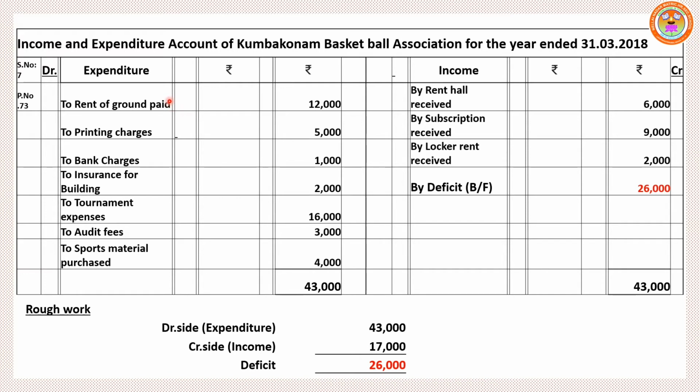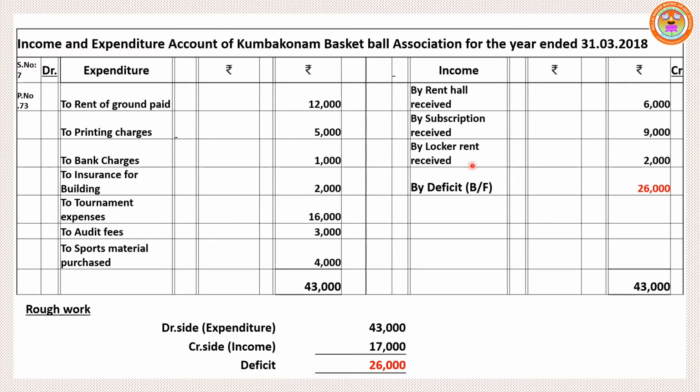Then look at the next one: rent of ground paid under the payment side, show it under the debit side. Then printing charges, bank charges, insurance for buildings, then tournament expenses, audit fees, and then sports material purchased. Then no closing cash and bank balance won't appear.